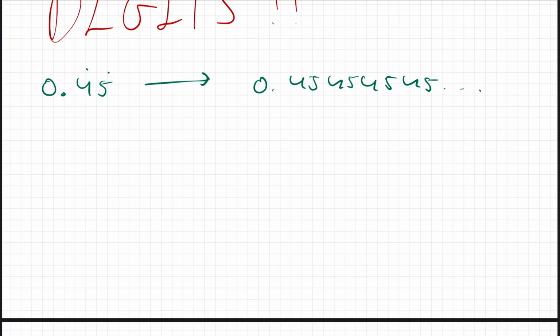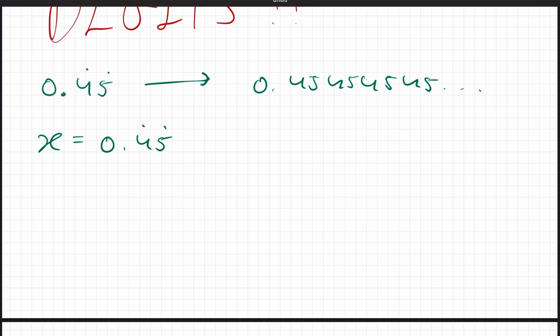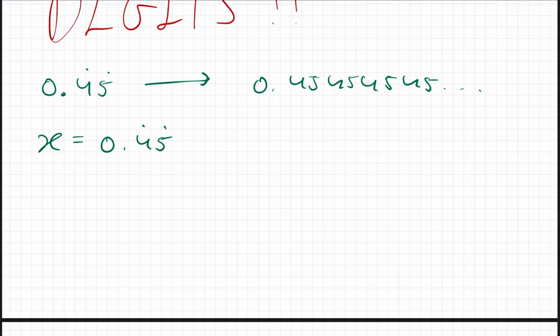Okay, so let's set x equals 0.45 recurring. And we basically want to multiply it by a power of 10 such that we get another 0.45. So notice how this is the same as 0.4545 recurrent, like so, right?